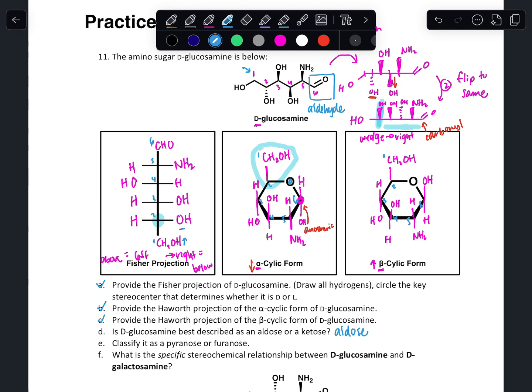Remember that the aldehydes are terminal while the ketoses are in the carbon chain. Next, classify it as a pyranose or a furanose. A good mnemonic device is F for 5. A furanose ring has only 5 members in it. We have 6, so we are dealing with a pyranose here.